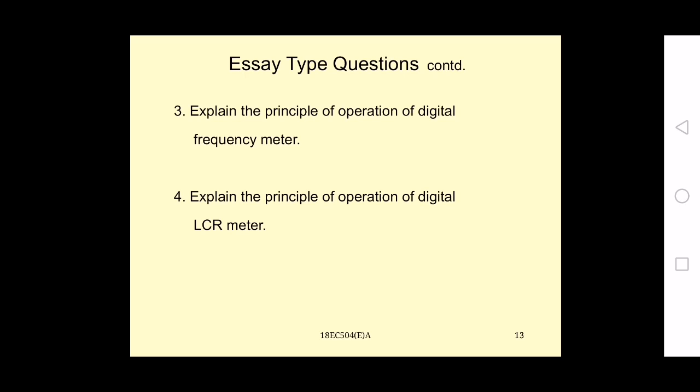In that we have discussed firstly what is a digital instrument, advantages of digital instruments over analog instruments, classification of digital voltmeters, explanation of ramp type DVM and successive approximation type DVM, specifications of DVM, and explanation of DFM, digital frequency meter, its specifications and accuracy specifications.